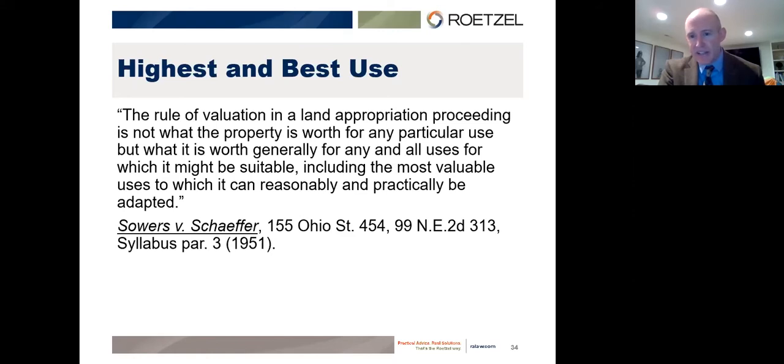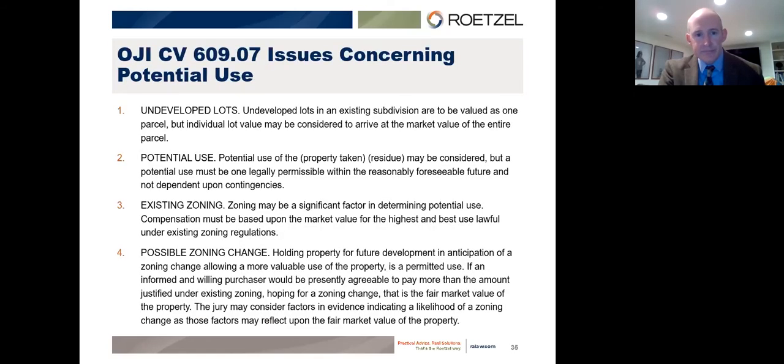And here's just a case from the Ohio Supreme Court, Sowers versus Schaefer, in which that standard is enunciated. Here's just a citation to the Ohio jury instruction that deals with this issue, which talks about existing uses and then also potential uses and possible zoning changes.